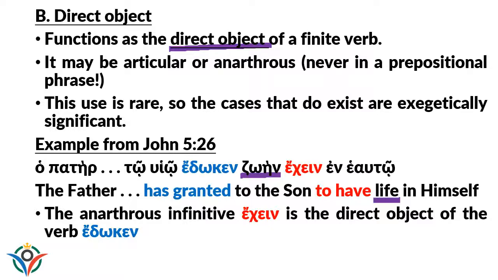But we have this additional anarthrous infinitive echein, which is also functioning as the direct object of the verb edoken. All right, so this use is very rare, and because of the addition of the infinitive, it's exegetically significant, and John is more than likely driving home a theological emphasis here, something that's very important theologically.